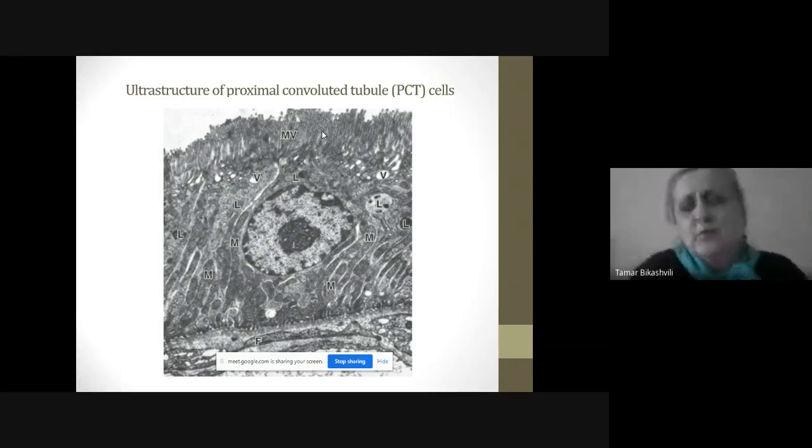We also have a brush border in the small intestine, and here also is a brush border with numerous microvilli. What's the function of these microvilli? Absorption. You can see here the vesicles and lysosomes also. So these cells are very active cells.